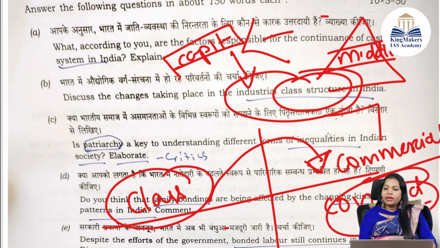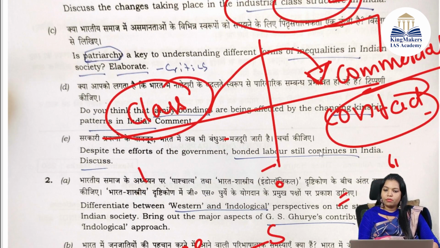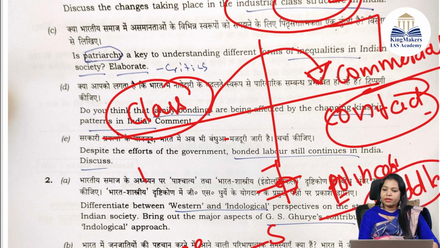So industrial class structures now, like participating in politics, because they become the middle class, correct, they also become the owner bourgeois class.